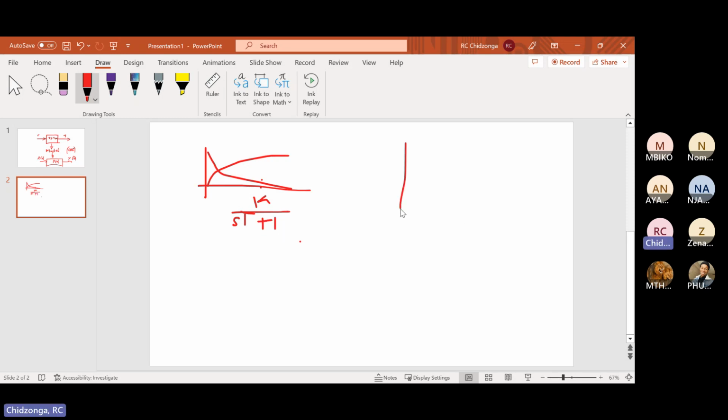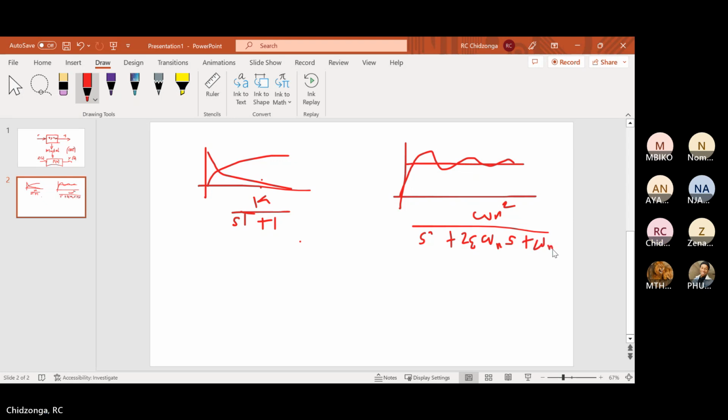And we also learned that we can have second order systems where there are various forms of response. And here we know that the standard transfer function takes the form s squared plus 2 zeta omega n s plus omega n squared. Right? Now, we say that most systems in nature are not first order, they are not second order.